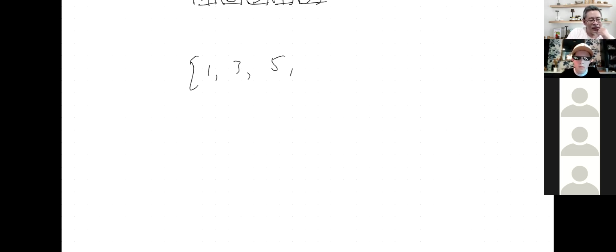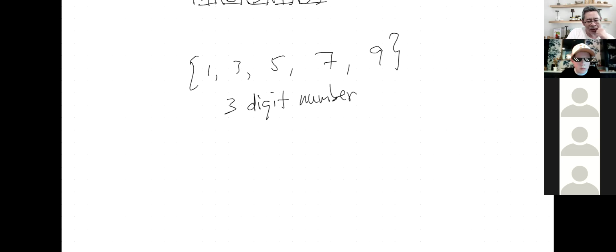We got 5. So out of that, we're going to make a 3-digit number. And this time we are doing it without replacement. That means once you use a number, you cannot reuse it again. Just imagine that you pick a number from a bag. I mean, there's 5 numbers in a bag.